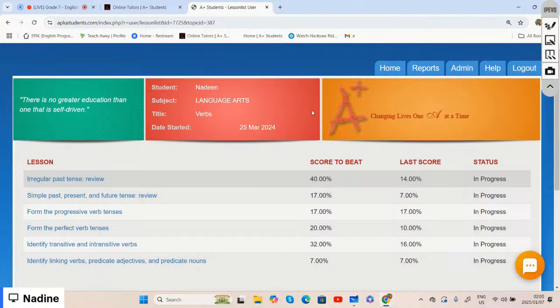This is a continuation of our previous lesson on verbs. Today we are going to be finishing off our chapter on verbs, but we are going to continue with the other lessons that we did not complete.